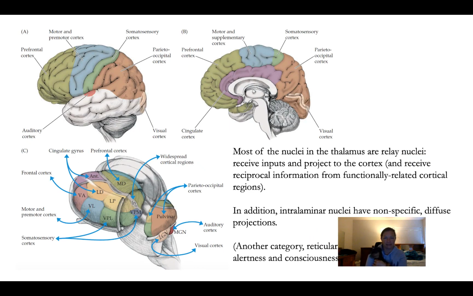So I won't belabor that. Most of these nuclei, as Sam has told you, are relay nuclei. They receive inputs from different sensory centers and project to the cortex. The intralaminar nuclei have more diffuse projections. And in fact, there's another category, reticular nuclei, which are involved in alertness and consciousness from the reticular system.